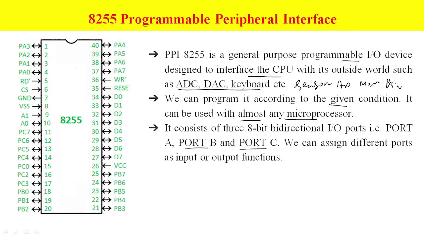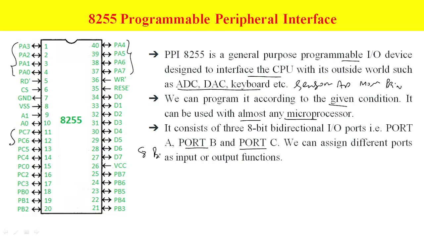As you can see, this is the pin diagram of the 8255 IC. These are port A, PA0 to PA7, because each port is 8-bit. This is basically an 8-bit port.